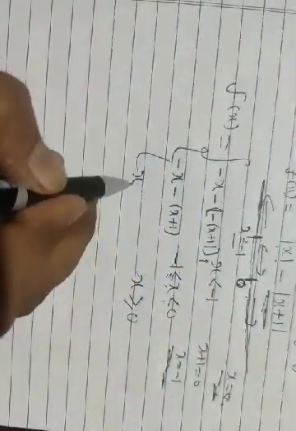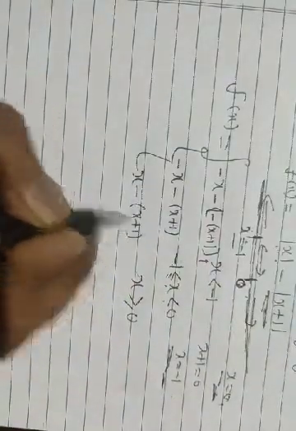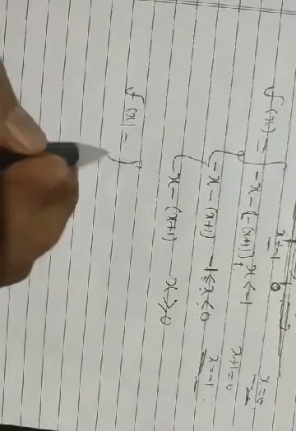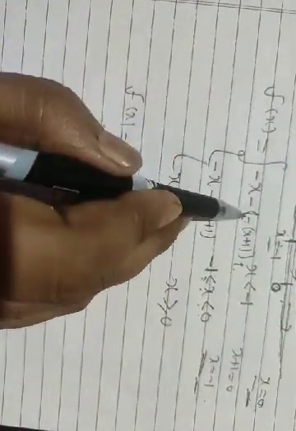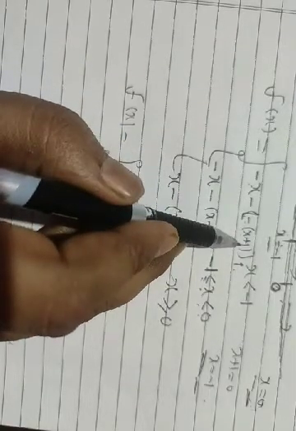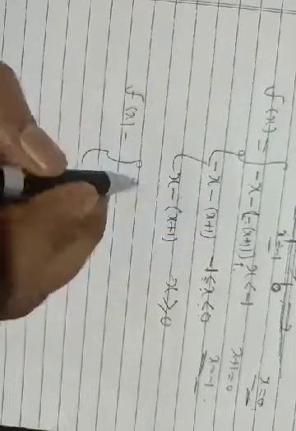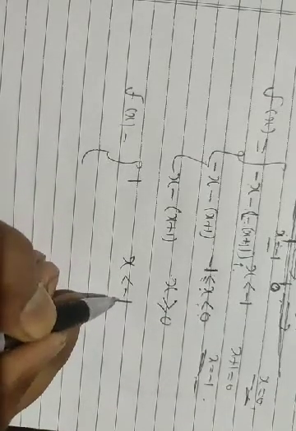In this case, |x| is positive, and x + 1 is again positive. Now our function is defined as f(x) equal to what? We get -x - (-(x + 1)), the x cancels, and we get 1 when x is less than -1.